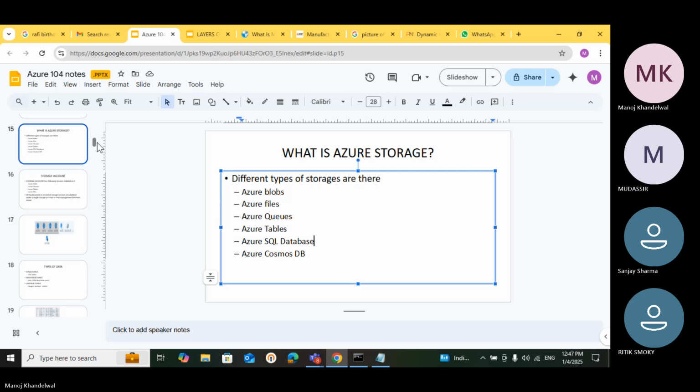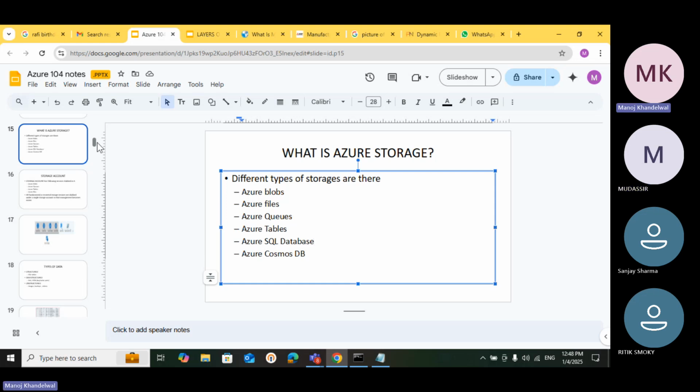Manoj, it's structured data, semi-structured, and unstructured. So we have three types of data: structured data, semi-structured data, and unstructured data. Correct? Yes.